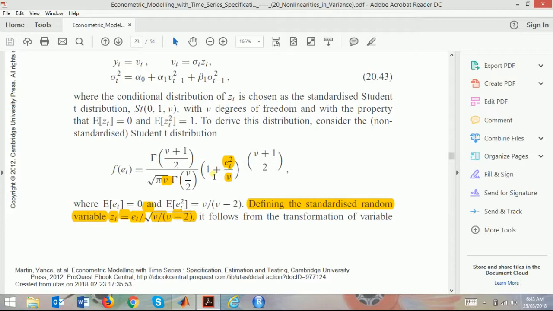Now when we define the standardized variable z, it is simply e divided by root over tau divided by tau minus 2.